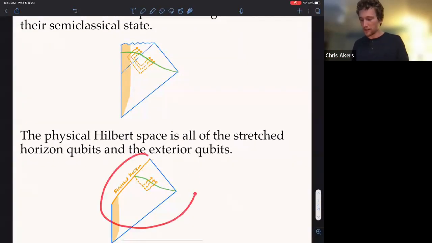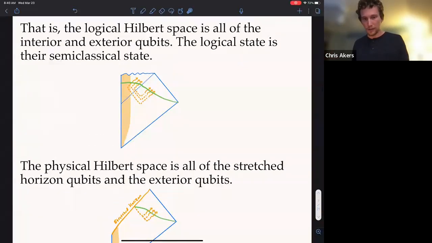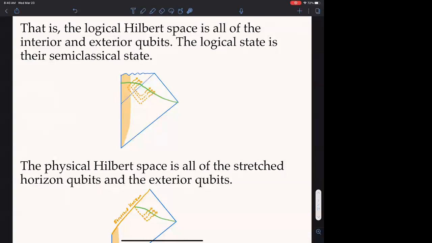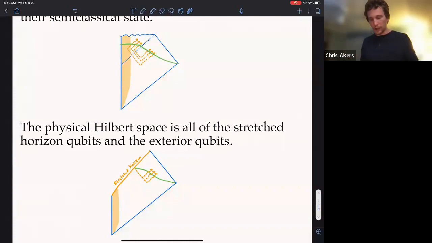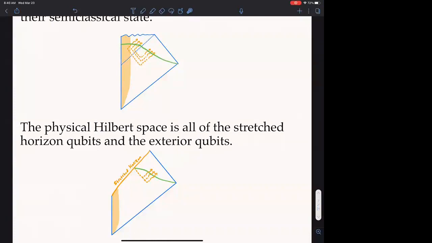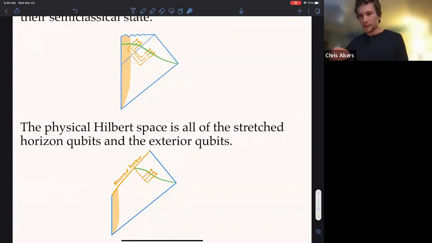That's more like the manifestly unitary description I'm talking about. And what happens in the manifestly unitary description? In the manifestly unitary description, we are more careful. This seems more in line with what we believe of quantum gravity, where the radiation outside follows the Page curve, or purifies, as a function of time.